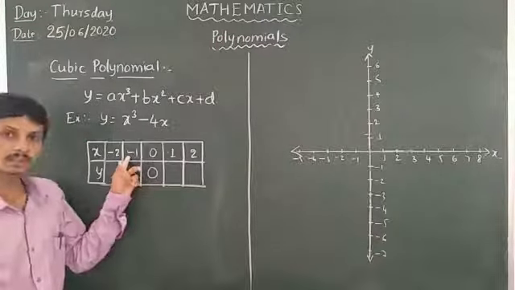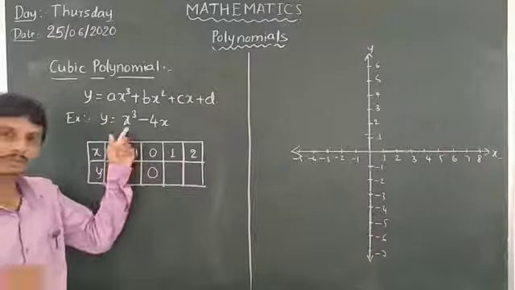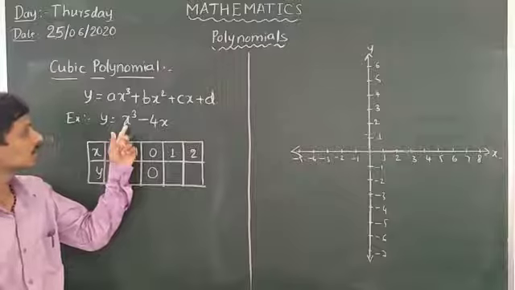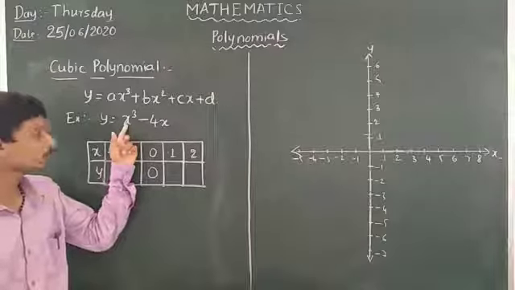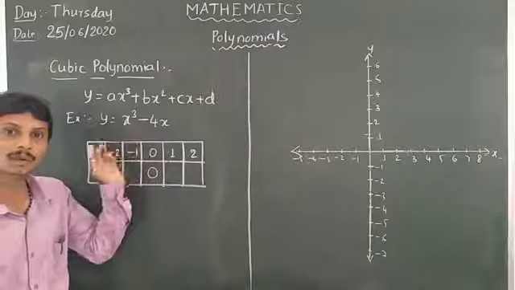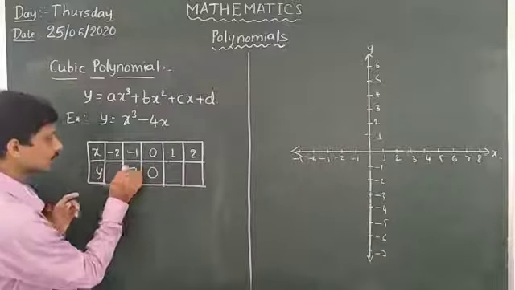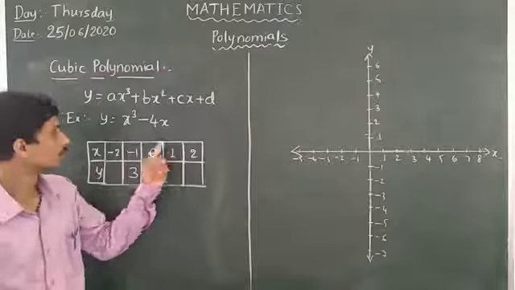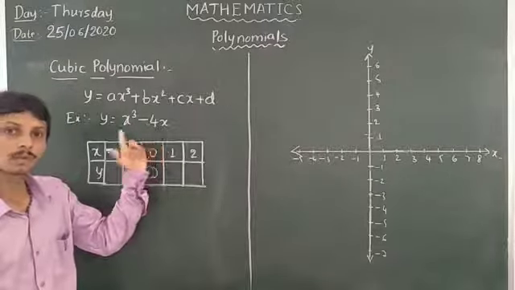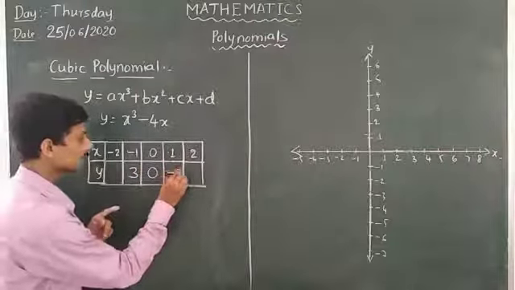Then insert minus 1 here. When x is equal to minus 1, we insert it into the equation. So here minus 1 cube minus of 4 into minus 1, that means plus 4. Minus 1 plus 4, it is 3. And when we insert 1, 1 cube minus 4, 1 minus 4, that means minus 3 here.